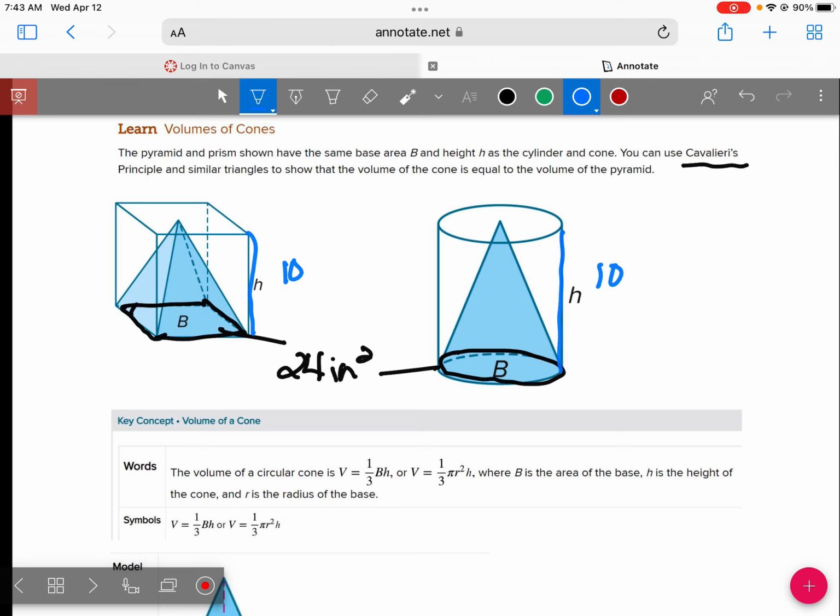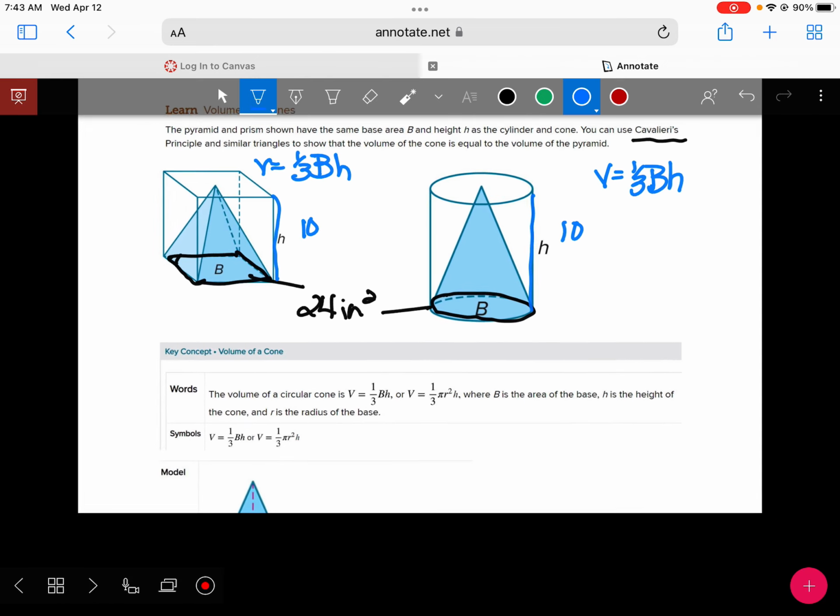Well, we learned yesterday that volume of a pyramid is 1/3 times the base times the perpendicular height. If these two are going to be the same, that means a cone is also going to be 1/3 times the area of the base times the height.